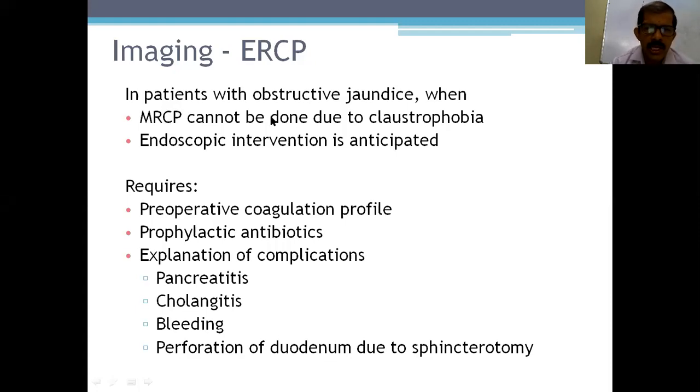Of course, it is not without danger. Pancreatitis, cholangitis, all these are problems, as are perforation of duodenum and bleeding. So one should be careful before doing ERCP, and the prerequisite is a coagulation profile. You have to give antibiotics also.